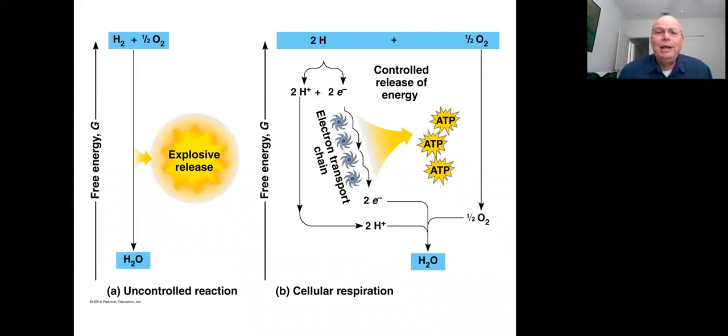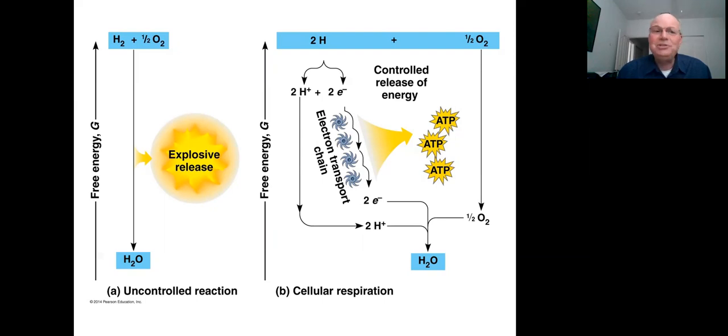The electrons pass down through a series of proteins that passes them from a high potential energy, low electronegativity situation to a high electronegativity, low potential energy situation. And of course, if you go from high potential energy to low potential energy, there must be a release of energy along the way.